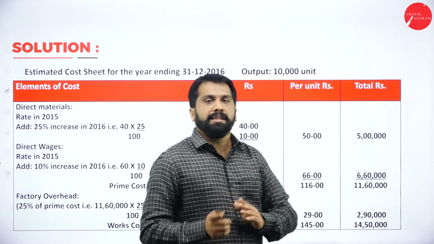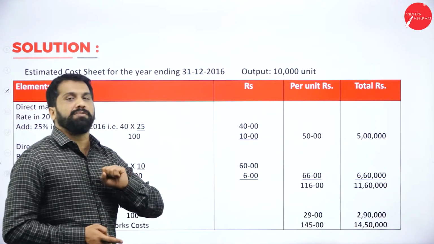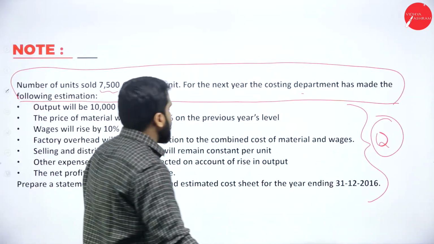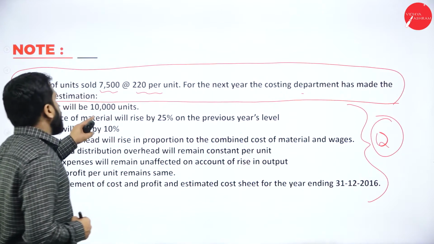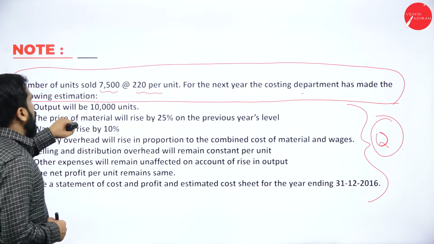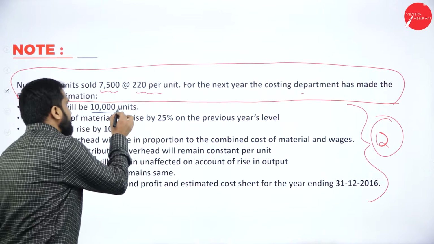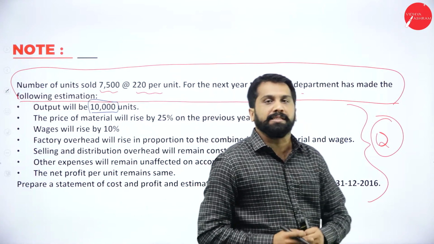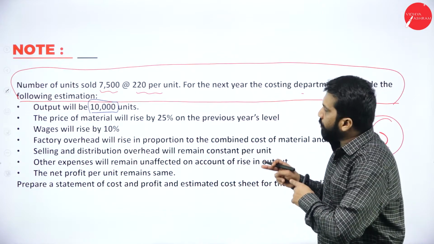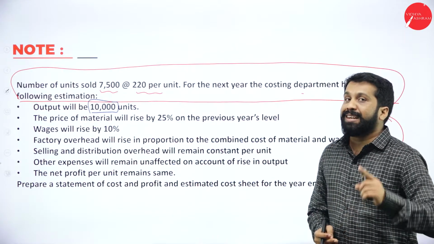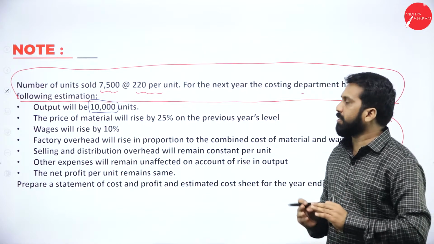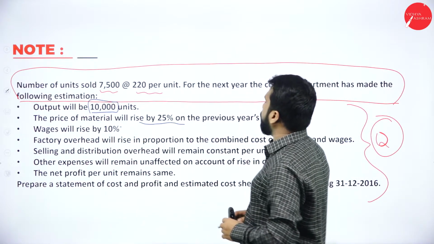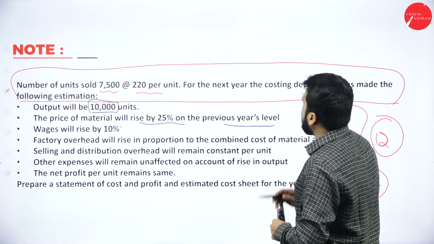Clear? Yes. Now I'll go back to your question. Few things we left out. We'll find out that. In this, number of units sold, those things done. Output will be 10,000 units. Though the first cost sheet we prepared is for how many units? 8,000. What we are going to prepare now is for how many units? 10,000 units. Now, the price of material will rise by 25% on the previous year level.